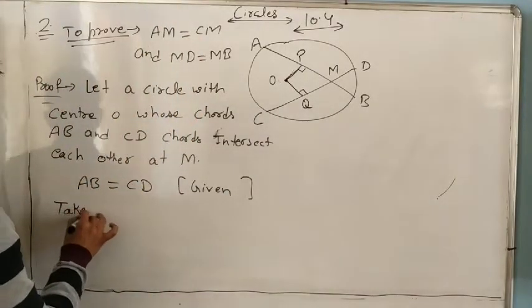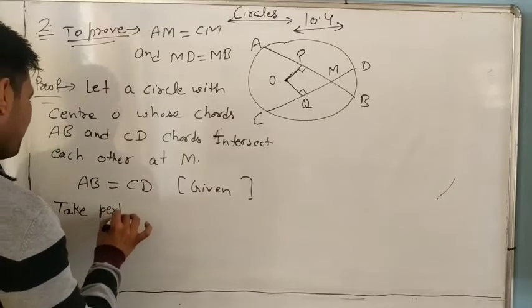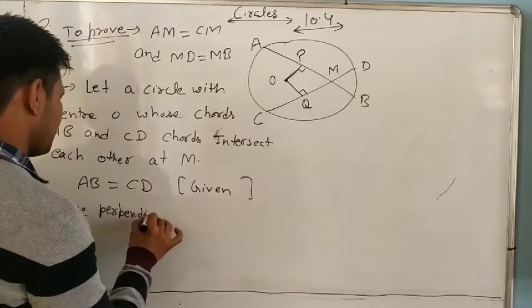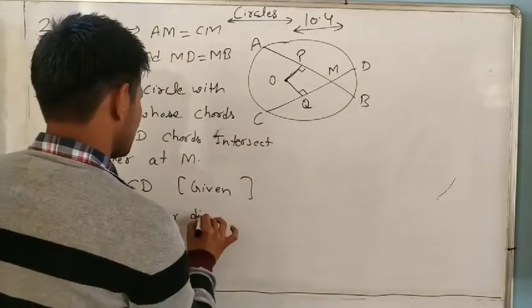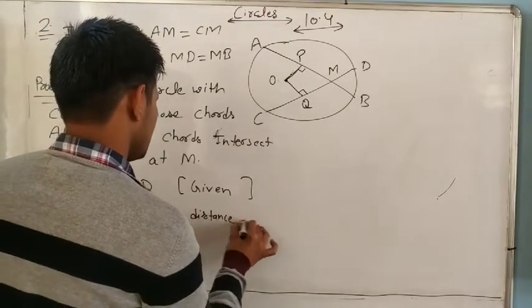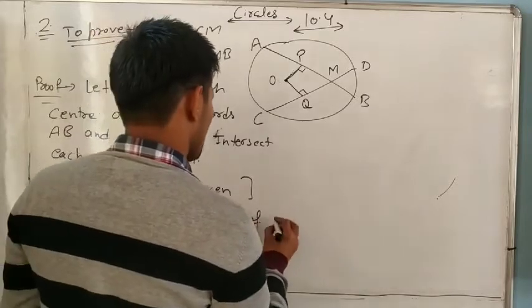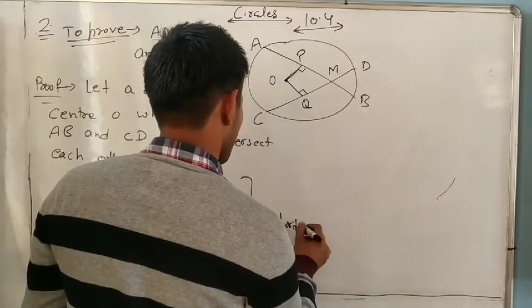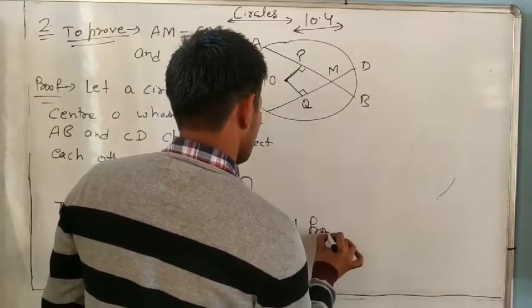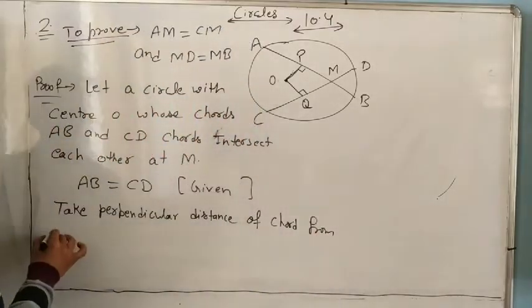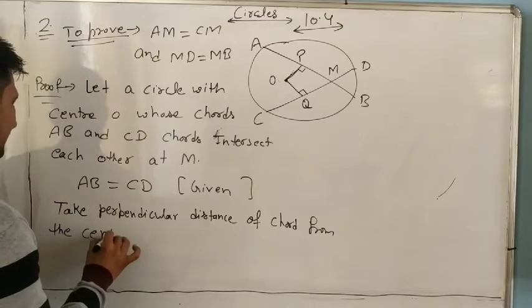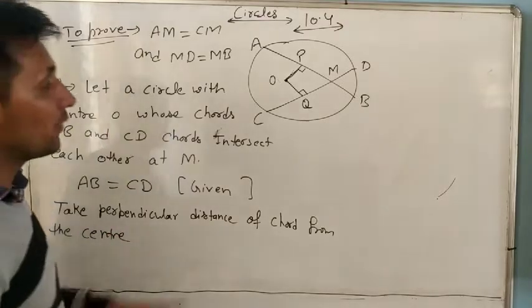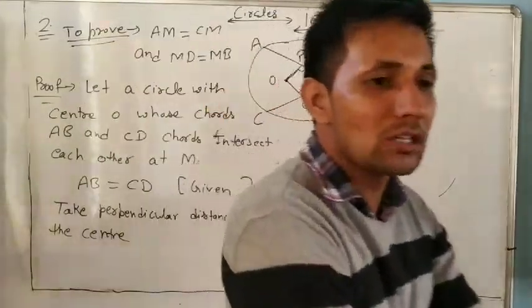Take the perpendicular distance of the chords from the center. We already know the chords are equal.